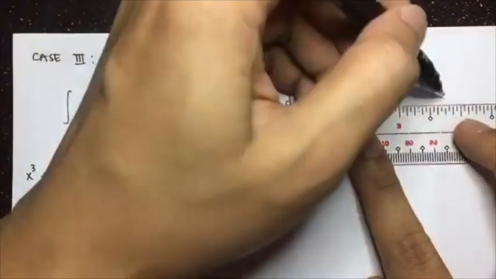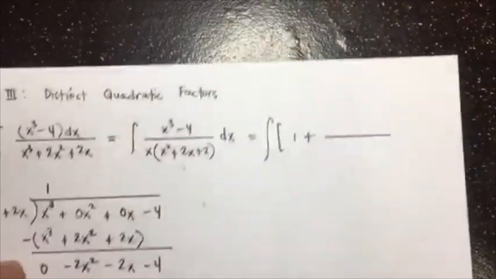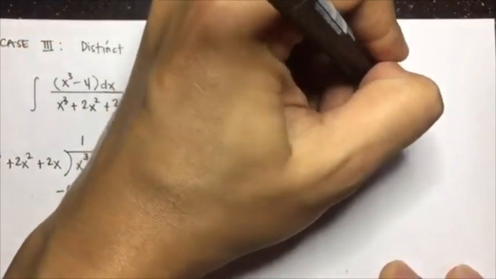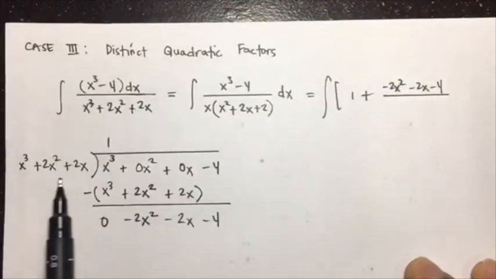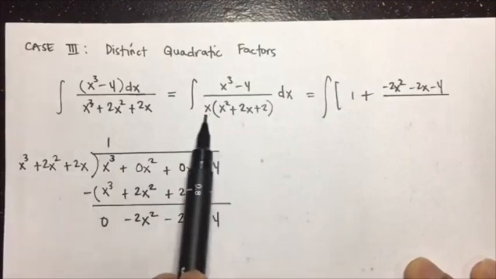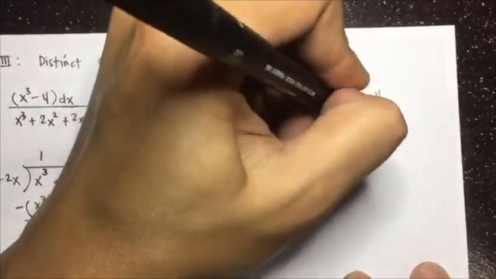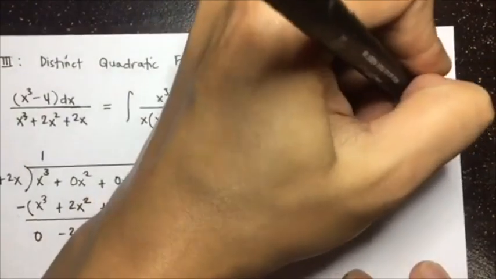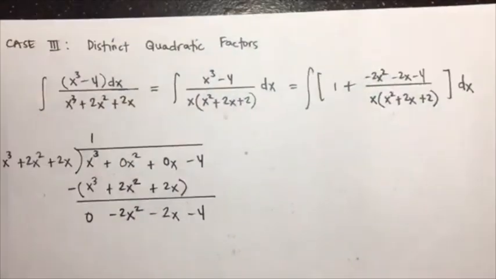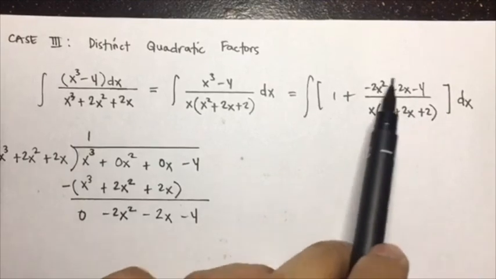Our remainder is negative 2x squared minus 2x minus 4 over the denominator, which is the divisor. Then we can express it in factored form: x times x squared plus 2x plus 2, dx. So what we need to resolve into partial fractions is this.